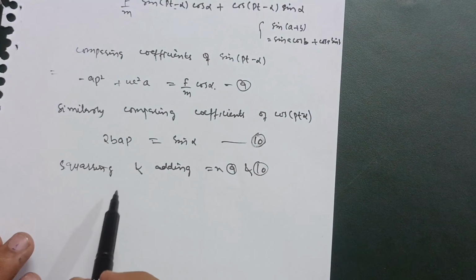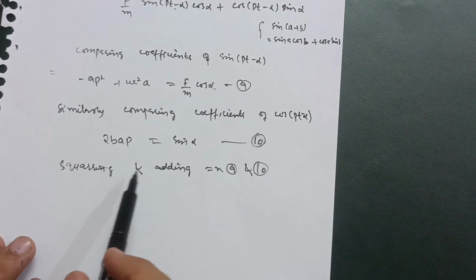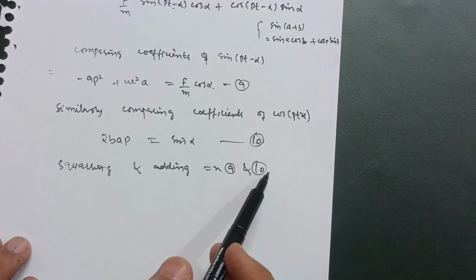Means you have to write down the two steps here, that is squaring and adding equation 9th and 10th.